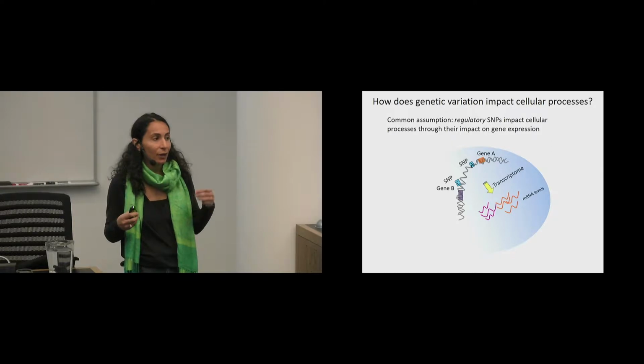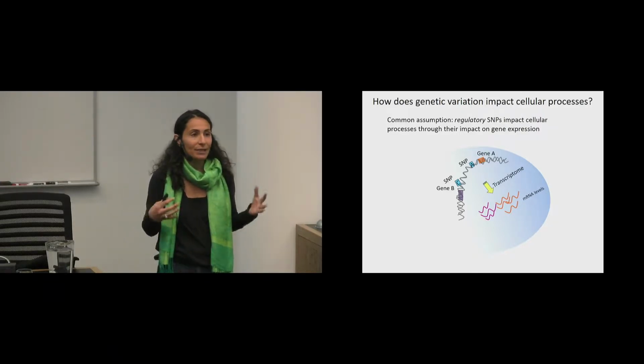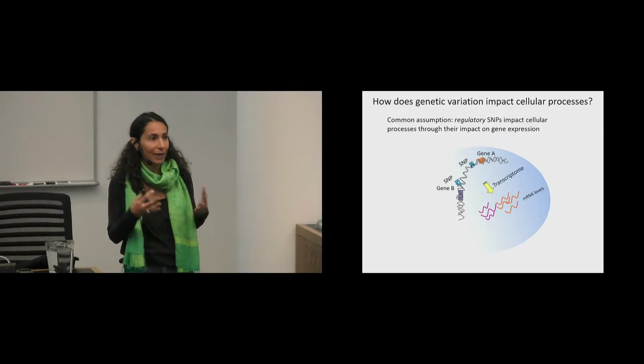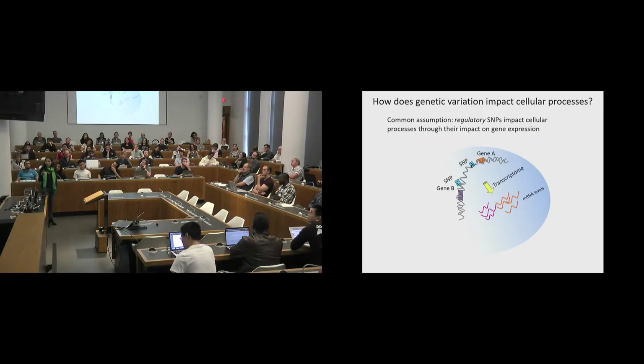So if we knew, for example, SNP1 is associated with schizophrenia and it affects gene B, then we automatically have a lot of resources at our disposal to try to figure out what that process might look like. So the motivation here is that we can take these SNPs that fall in non-coding regions and try to figure out which genes they're affecting. And this is a common strategy that's taken.